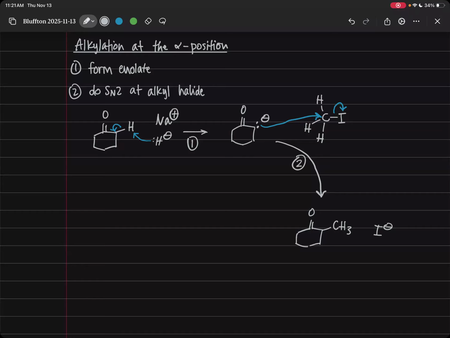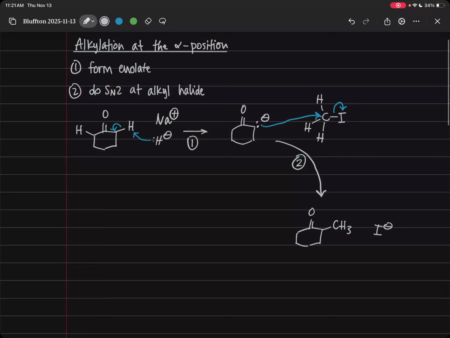Okay, in this example, I've shown a symmetrical ketone, cyclohexanone. And so nobody was to say that we couldn't deprotonate that hydrogen on the other side, but because they're chemically equivalent, it doesn't really matter. So there's no difference in selectivity between having the methyl group end up on the right-hand side alpha carbon versus the left-hand side alpha carbon.